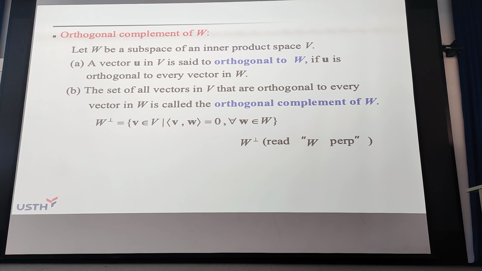That is the set of all vectors v such that the inner product of v and w equals 0 for any vector w inside the subspace W. And that one is an example so you can verify. Then the orthogonal complement of the zero vector must be V, the whole space V, and the orthogonal complement of V will be the zero subspace. So that is the notion of orthogonal complement.